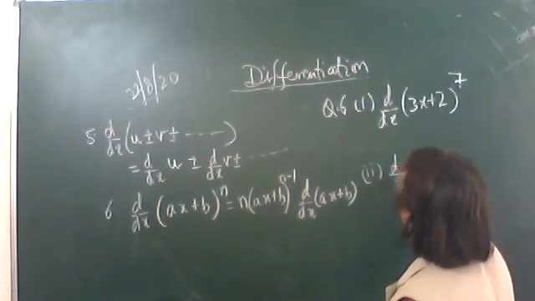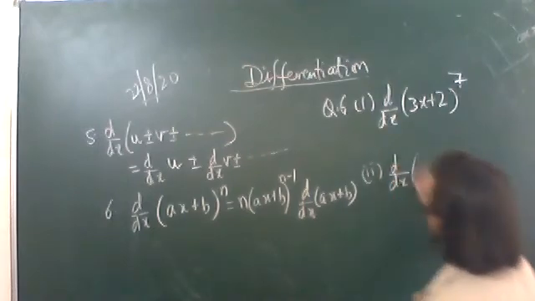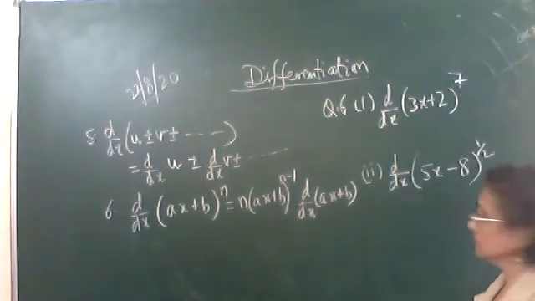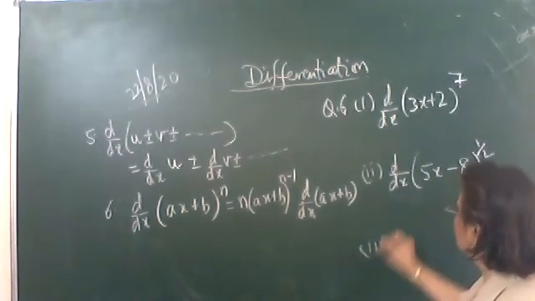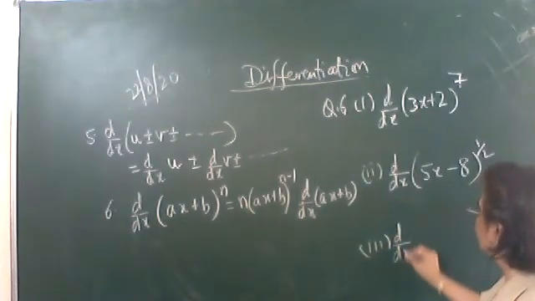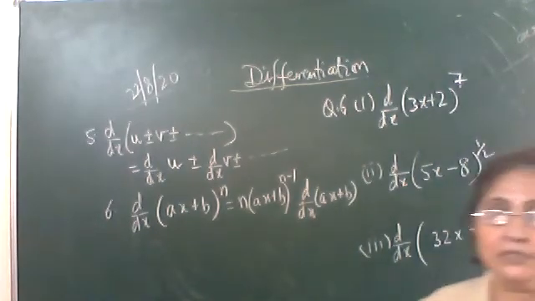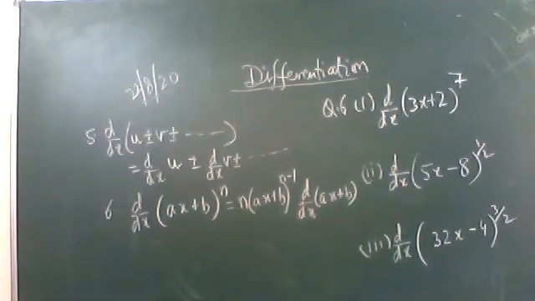Second one, d by dx of 5x minus 8 raised to the power half. One more, d by dx of 32x minus 4 raised to the power 3 by 2. Hurry up, I give you 30 seconds.